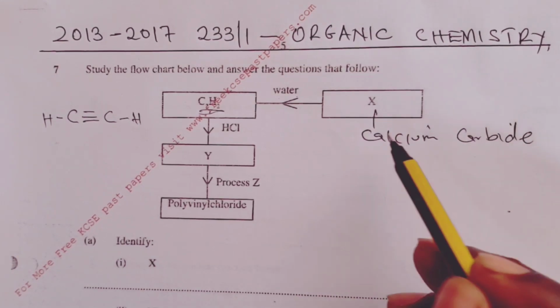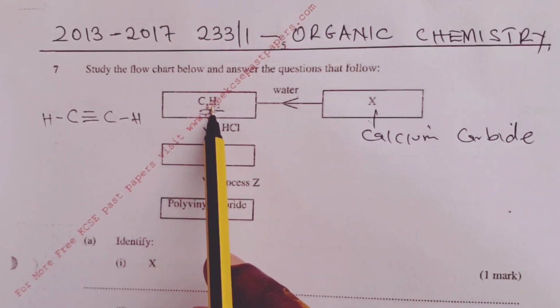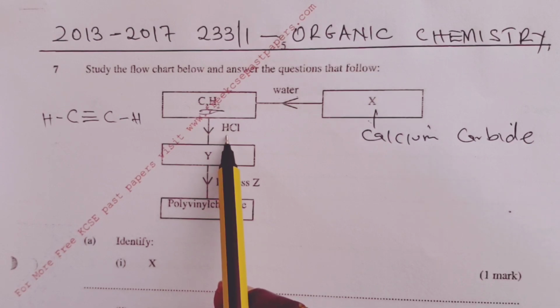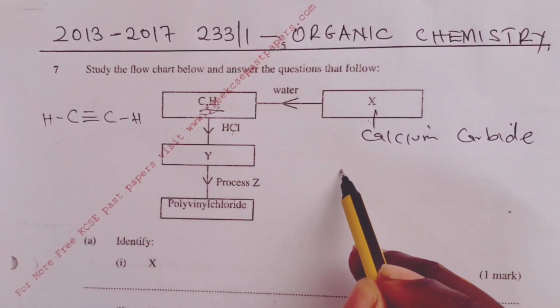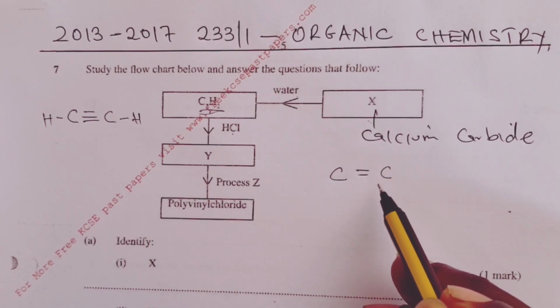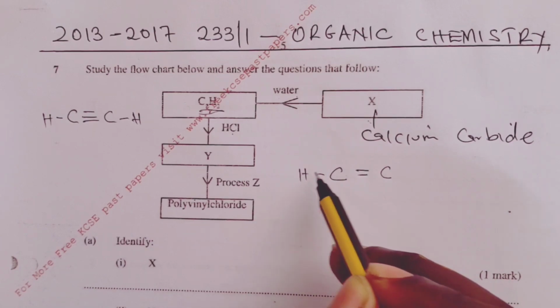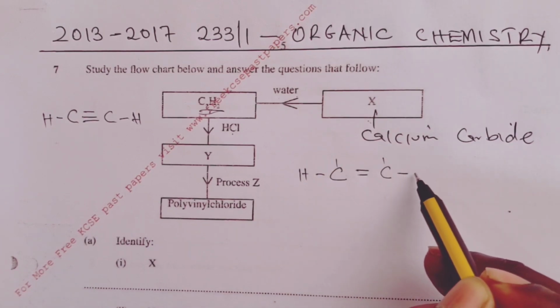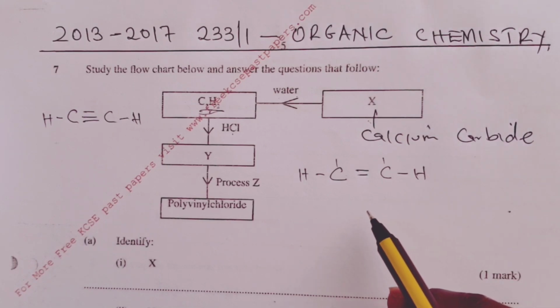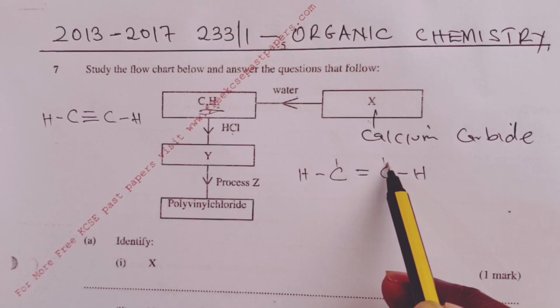From here, we are introducing 1 mole of hydrogen chloride, not excess. And for that matter, our ethyne will only break 1 bond. And when we do so, we shall have 2 pairs of electrons that can take part in bonding here and here.